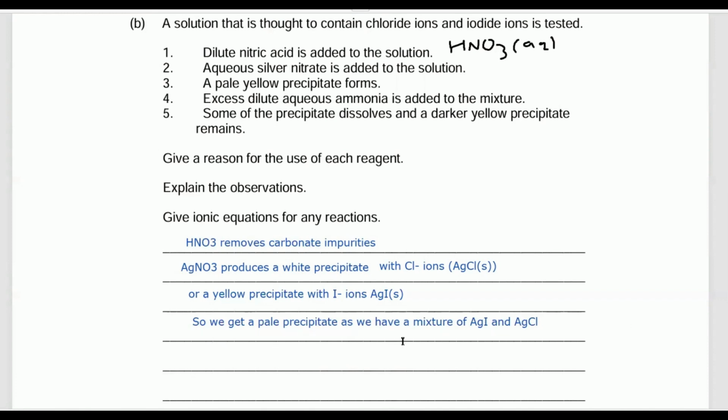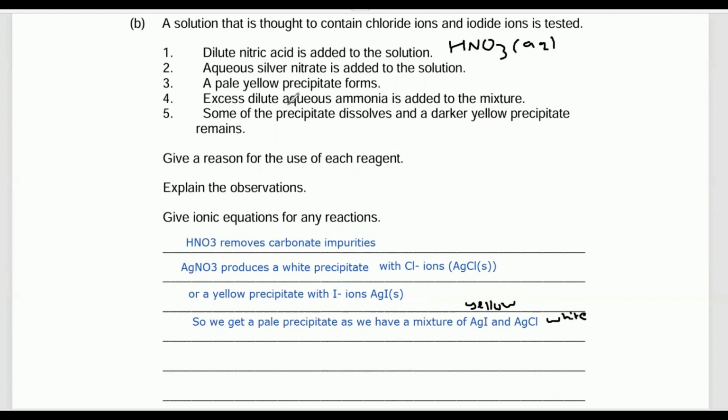So we get a pale precipitate as we have a mixture of AgI and AgCl. We've got the yellow silver iodide and the silver chloride together, which is white, and together white and yellow make pale yellow.